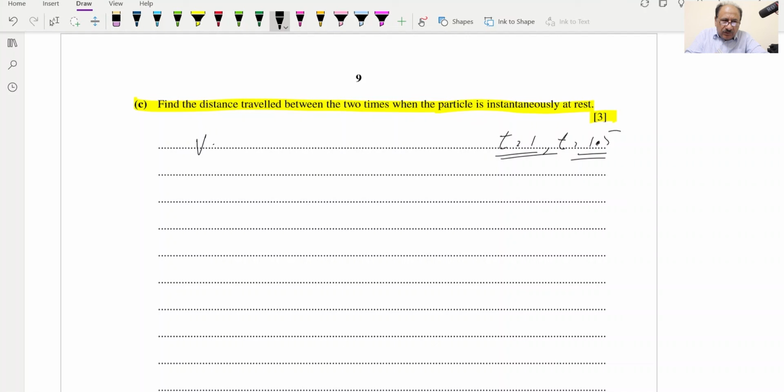We have the equation v is equal to 2t squared minus 5t plus 3, and we will be integrating, and the integral of v will be x, so we can write the integral of 2t squared minus 5t plus 3 dt. And now we can integrate this, so it will be 2t raised to the power 3 over 3 minus 5t squared over 2 plus 3t.